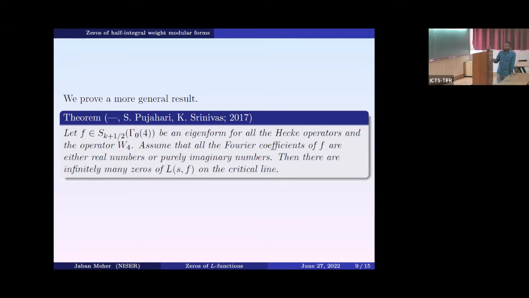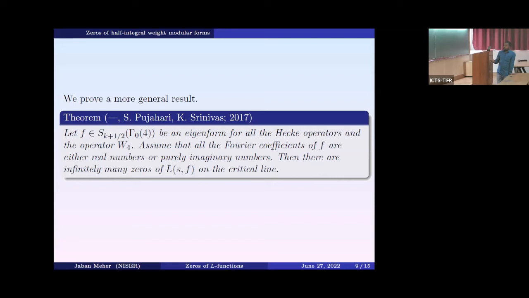And we have proved that there are then infinitely many zeros of the L-function attached to f on the critical line. In particular, our g satisfies all these conditions, so the L-function attached to g has infinitely many zeros on the critical line.